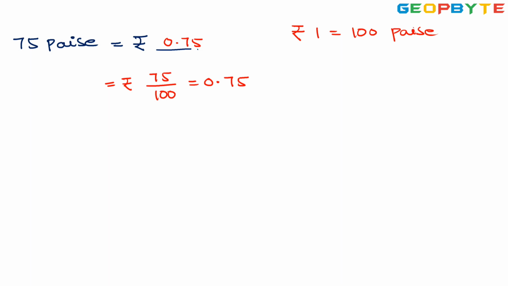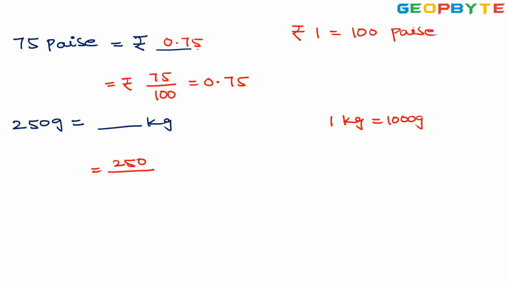Next, 250 grams is equal to how many kgs? 1 kg is equal to 1000 grams. So we can write it as 250 by 1 kg equals 1000 grams.